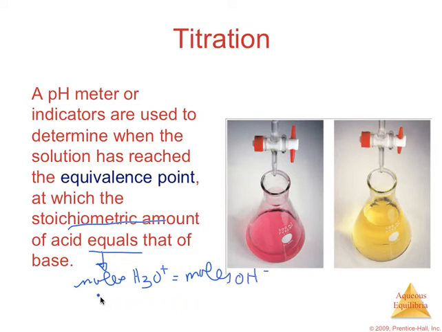The reason why I state it this way is in case we're using a diprotic or a triprotic. This equivalence point is when this happens. Okay, indicators, we have to be careful. The choice of the indicator can make the equivalence point at the point at which the color changes. But as we'll see, we'll have to be careful about that.